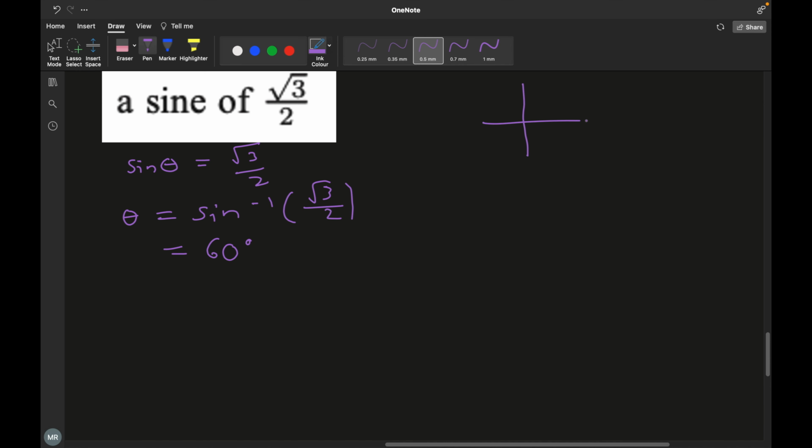The same rule applies here. All Students Trust Cambridge. So sine is positive in the second quadrant. Therefore, theta equals 180 minus 60, which is 120 degrees.